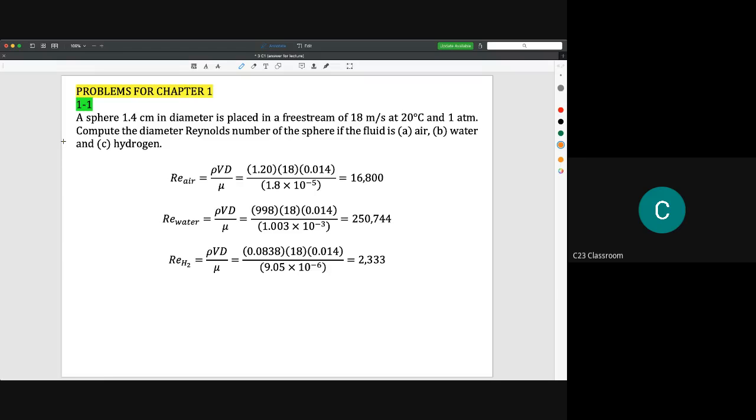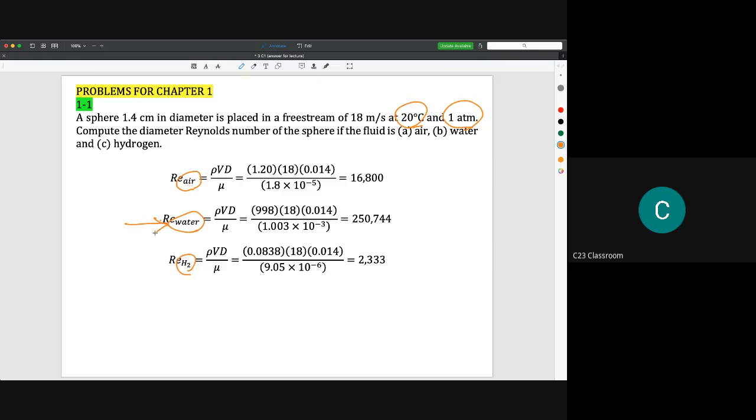So in this situation, we are dealing with 20 degrees Celsius, 1 atm here. And then we have a gas. So we have air here, and then we have hydrogen, and then we have a liquid here, which is water. The water is not so critical because it is incompressible. The properties change a little bit when you use the common table, because sometimes in the common table they take around 25 degrees Celsius or room temperature.